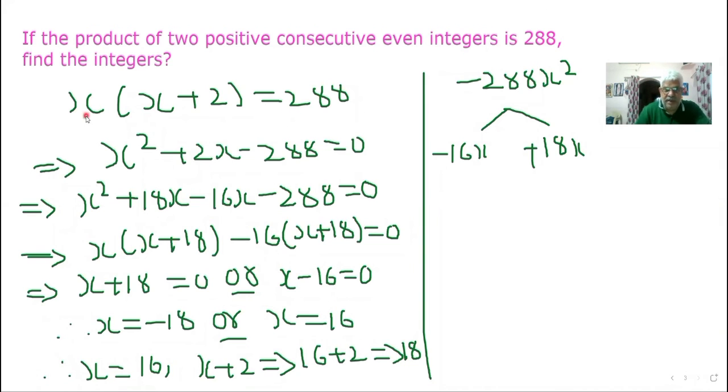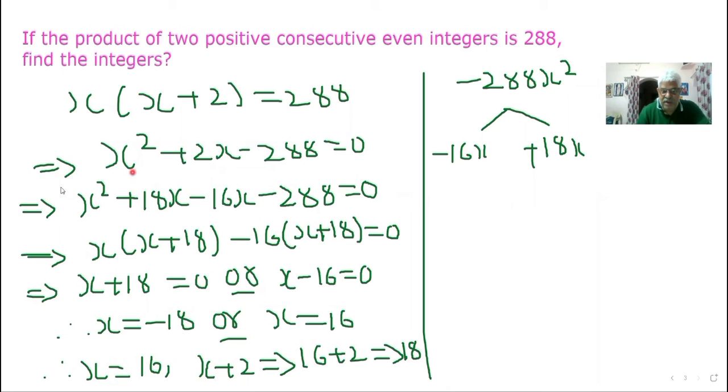Now, you remove the bracket. x into x is x square, x into 2 is 2x, and plus 288 is shifted, minus 288 equals 0. Now 288: x square, it comes in the table, 18 into 16. The middle is plus, so the greater number is given the positive sign, the smaller is negative. Now you split the terms: x square plus 18x minus 16x minus 288 equal to 0.